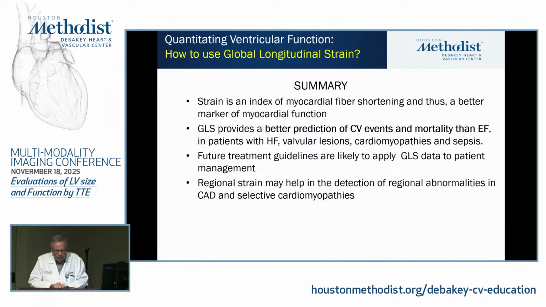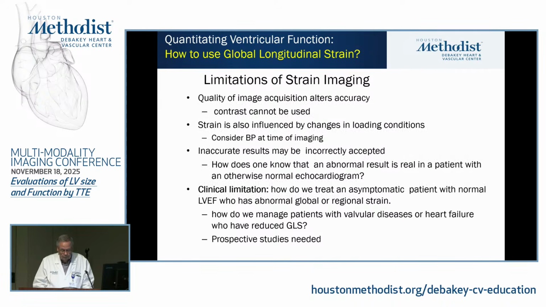GLS provides a better prediction of cardiovascular events and mortality than EF in patients with a variety of conditions: heart failure, valvular lesions, cardiomyopathy, sepsis, and future treatment guidelines are likely to apply this data to make recommendations in management. Regional strain may help in detection of regional abnormalities in ischemic heart disease, but also in selected types of cardiomyopathies.